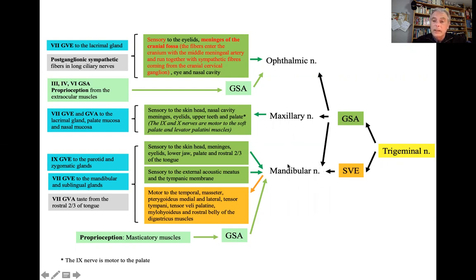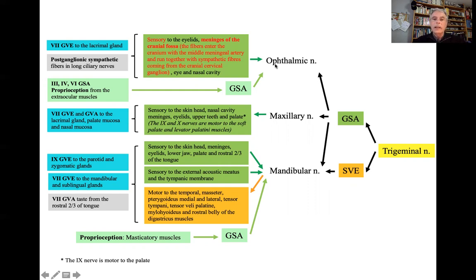These three nerves have a general somatic afferent component. They are sensory. Just one, the mandibular nerve, has a motor component that is a special visceral efferent component, also considered general somatic afferent component. But as I have said previously, the reason is an embryological reason to name it like that.